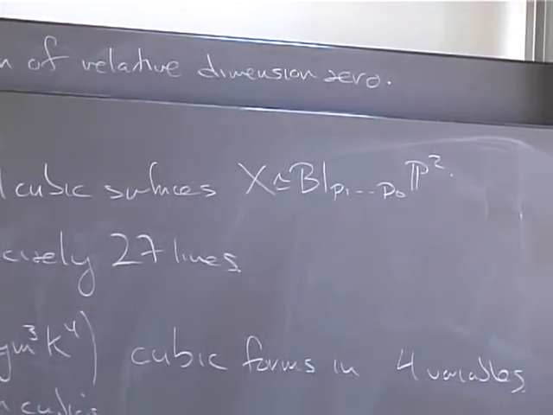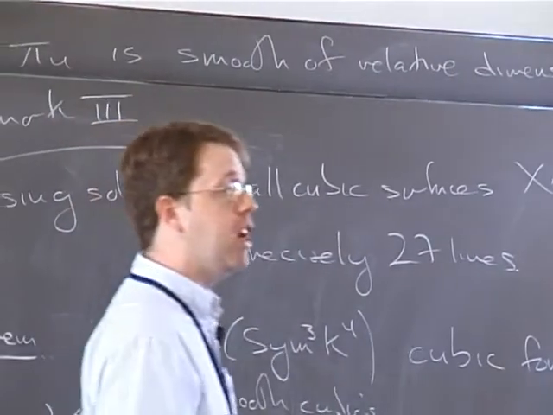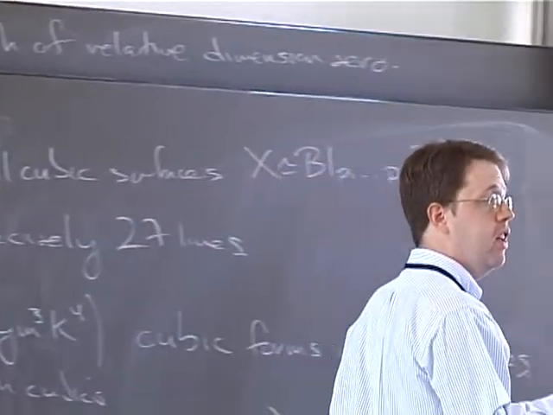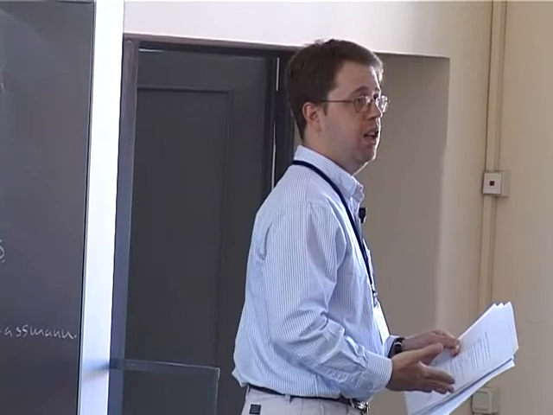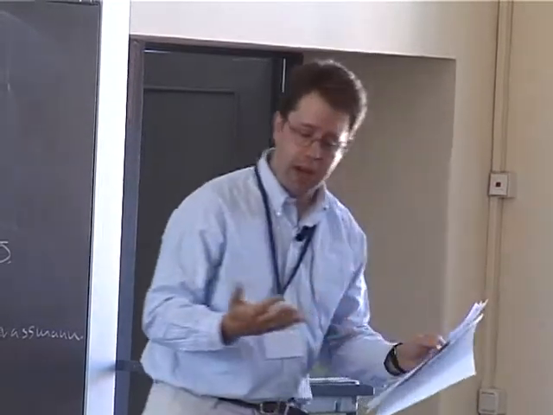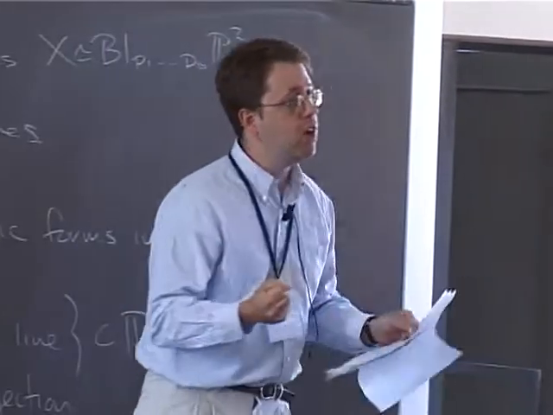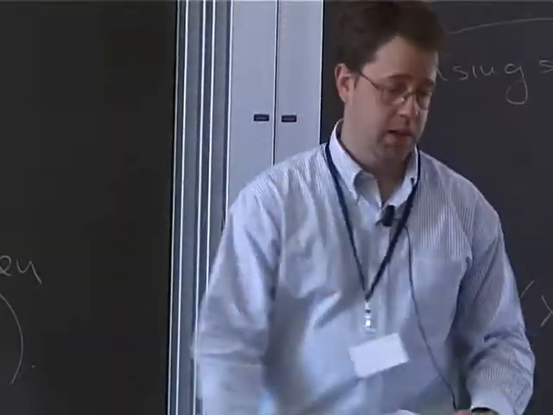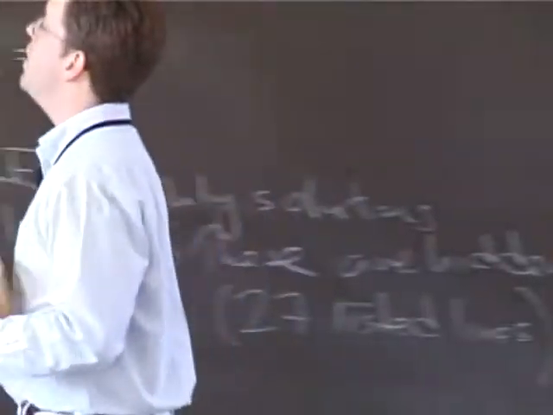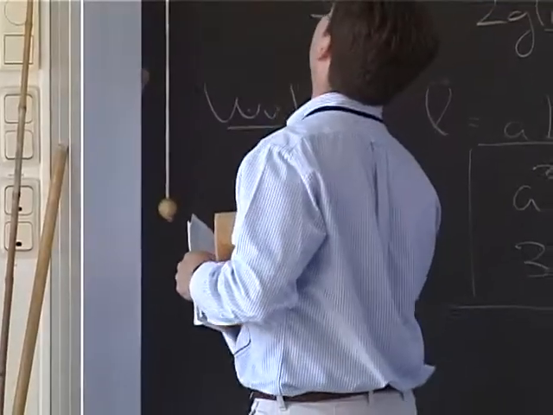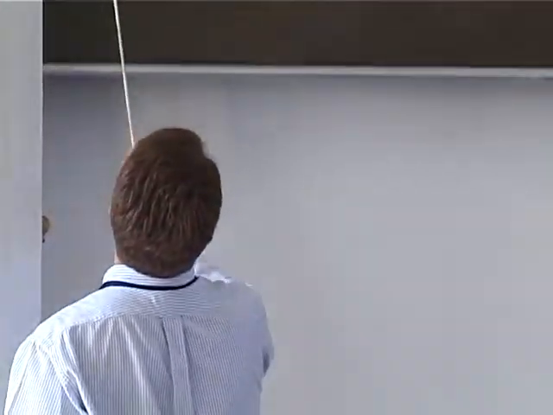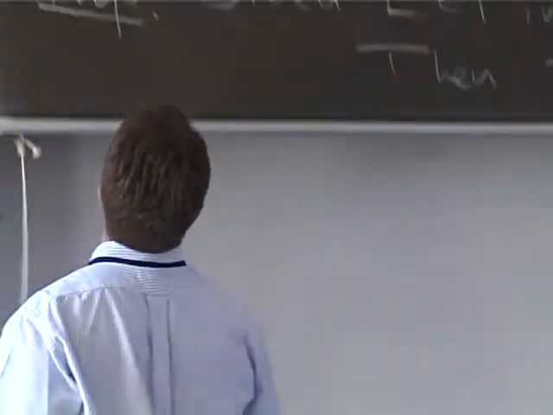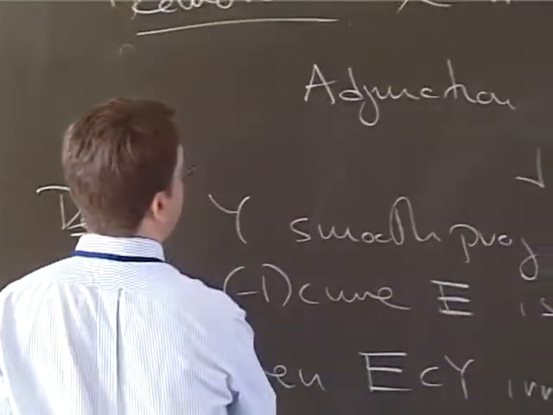And now we're going to use the fact that we understand all the minus 1 curves, we understand all the lines, to recover something about the geometry of X. So knowing that we have these lines, we can actually reconstruct all the geometry of our cubic surface. So there's lots of ways of doing this. So here's one way.